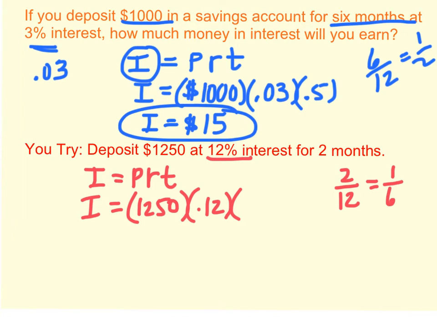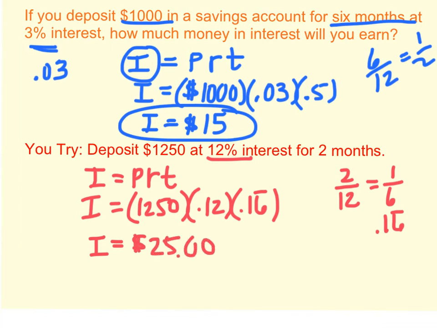So we need to write that as a decimal. That is 0.16 repeating. So that's what we're going to put in right here. So when I go ahead and multiply all of these together, I get $25. Hopefully you got the same.